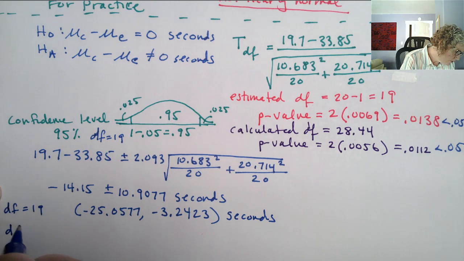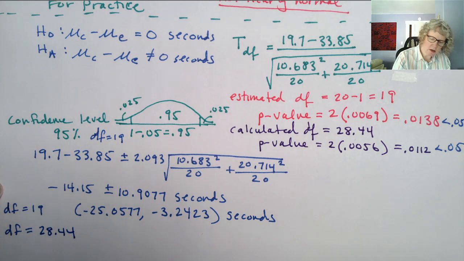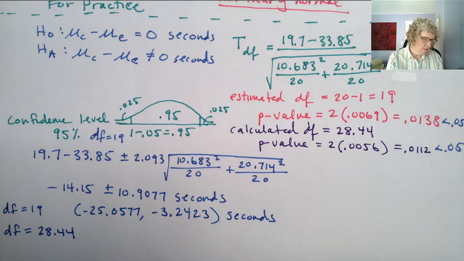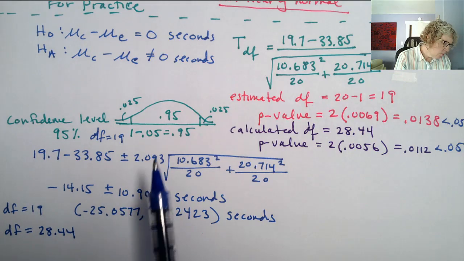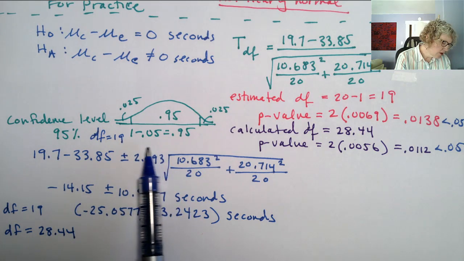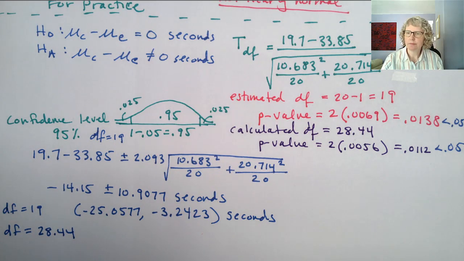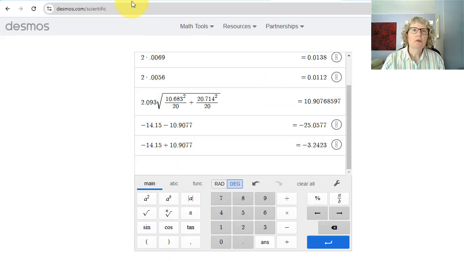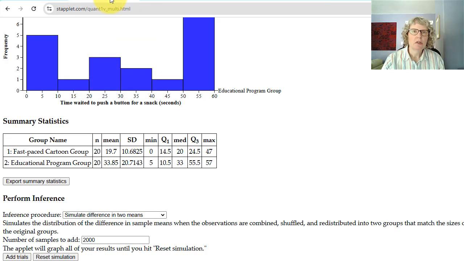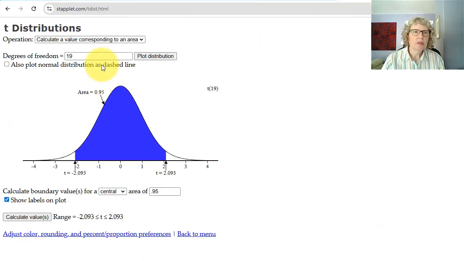Let's do degrees of freedom equals 28.44 and see how that looks. Now for that, I don't really need to write out the whole formula again. Just our T star is going to change, so I'm going to do that in Desmos. Well, first I have to go to the T distribution to figure out what the T star is, and then I'm going to put that in Desmos.